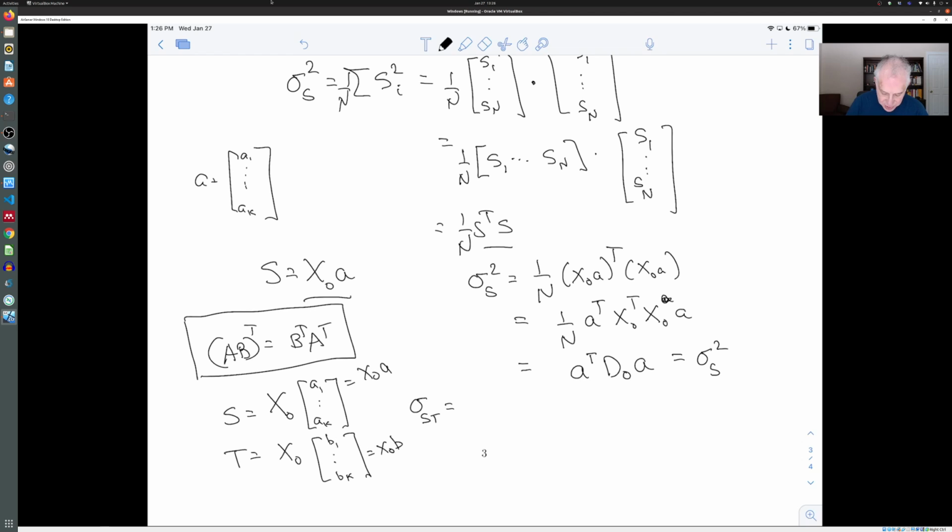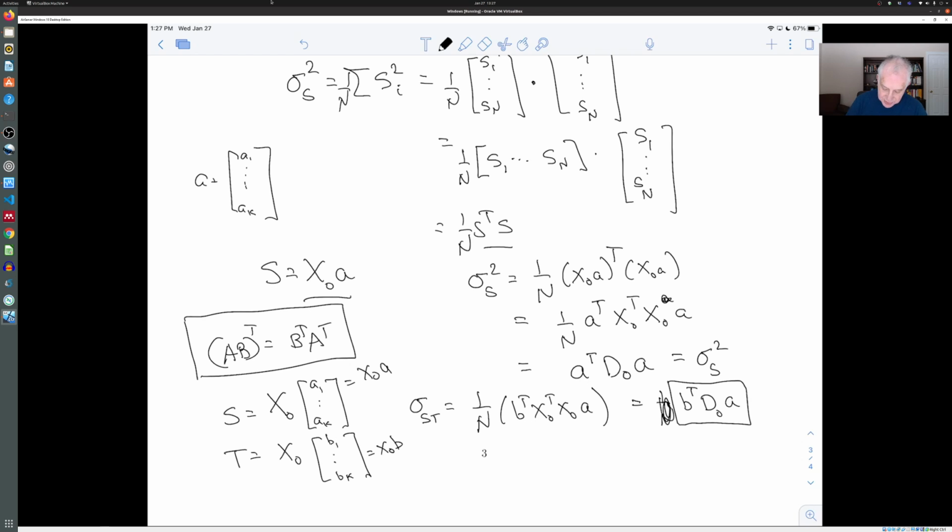The covariance is 1 over n B transpose X0 transpose X0A, which is B transpose D0A. Sorry, no 1 over n here, that's in the D0. B transpose D0A.